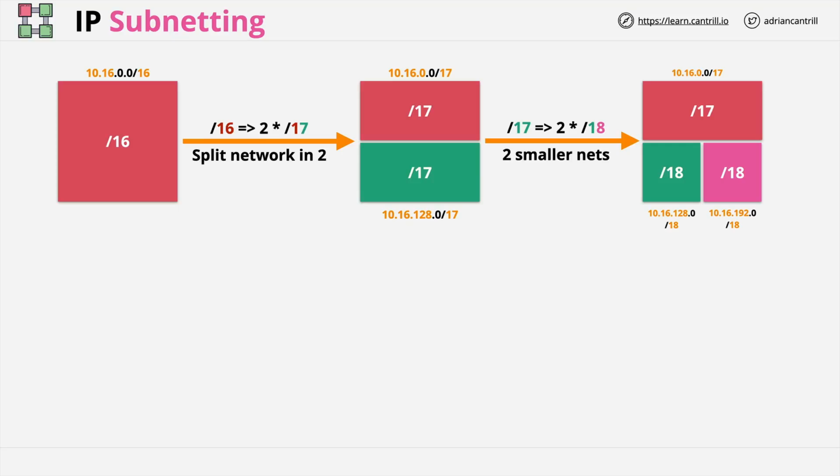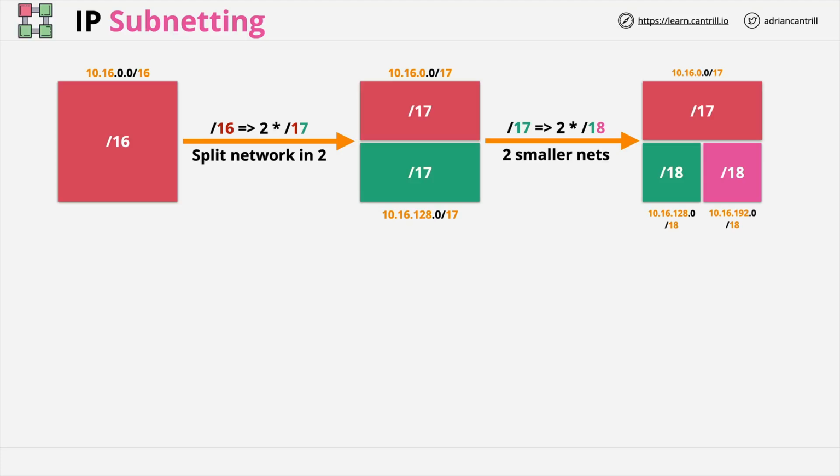The second smaller network, so bottom right, would start at the midway point of the original network. So these two networks are both /18, which are half the size of the original /17, and this gives us 3 subnets, a /17 at the top and 2 smaller /18s at the bottom.